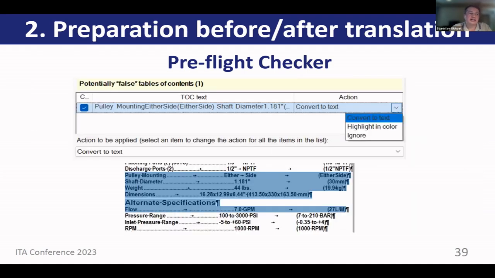For example, if it finds a potentially false table of contents, it will give you several options to convert it to regular text, highlight it in color, or ignore it if it's actually a normal, valid table of contents. When you select an issue, it also becomes highlighted within the document, so you can make a decision quickly what to do with it.